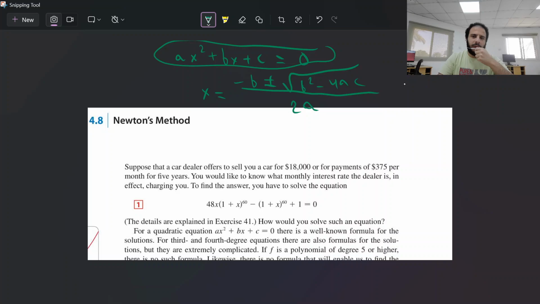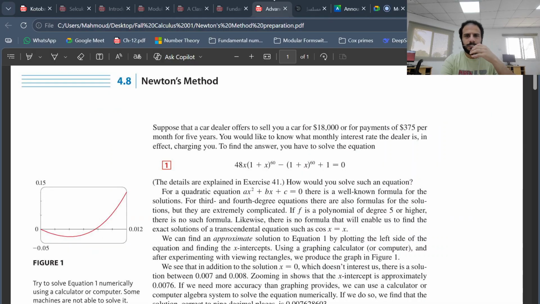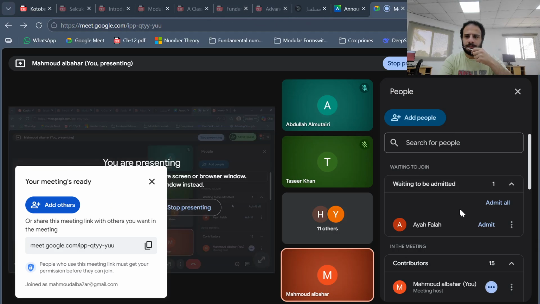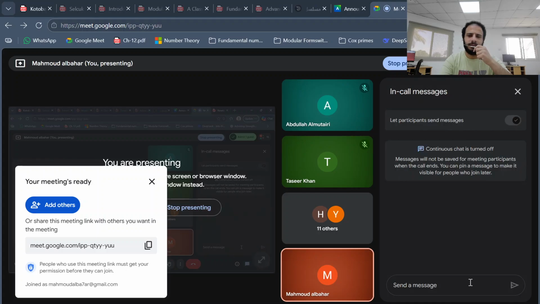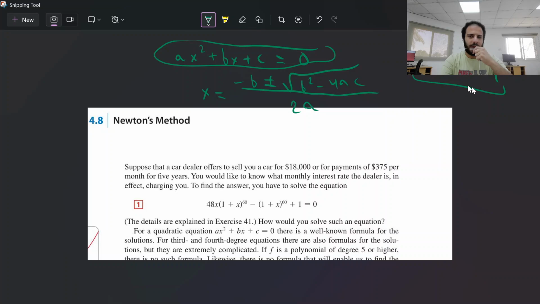What about if you have, for example, e to x equals x squared plus 1? Do we have a formula for this? What do you think? Is there a formula for these equations, e to x equals x squared plus 1?